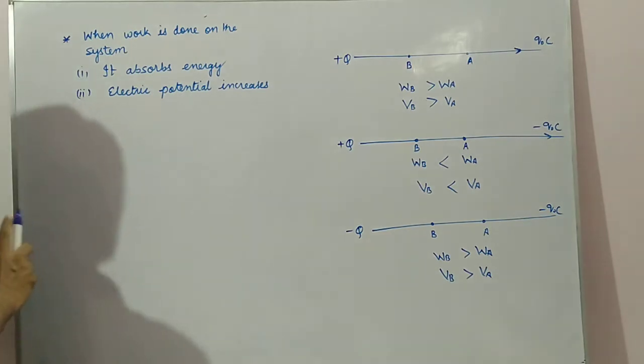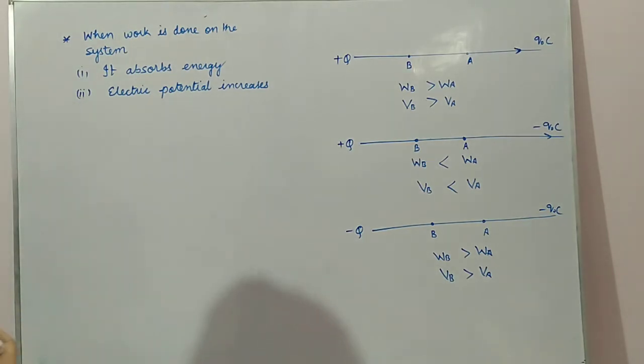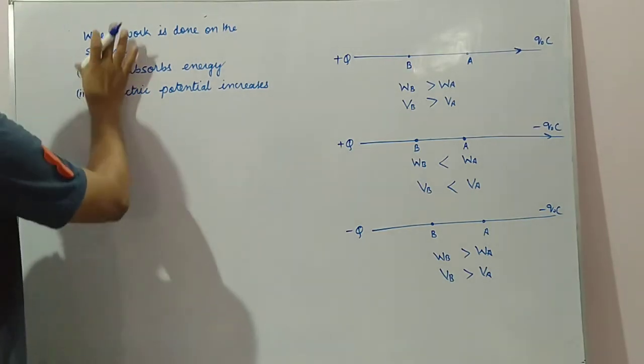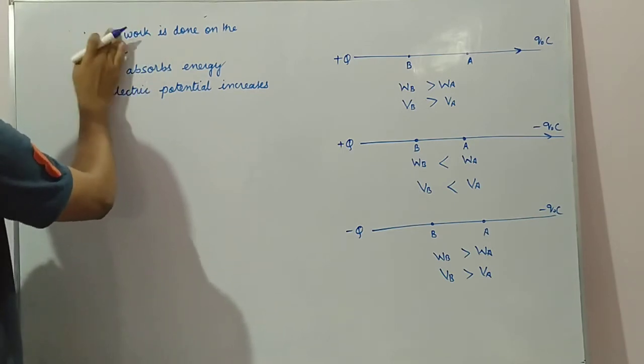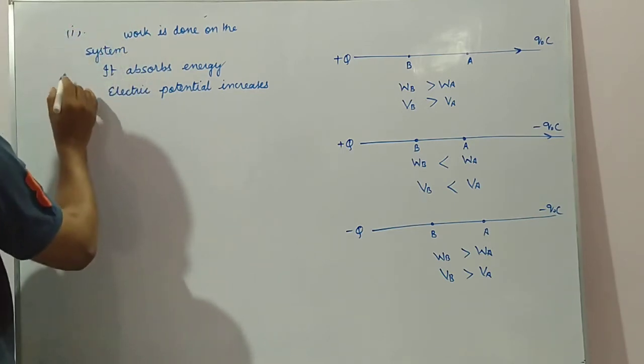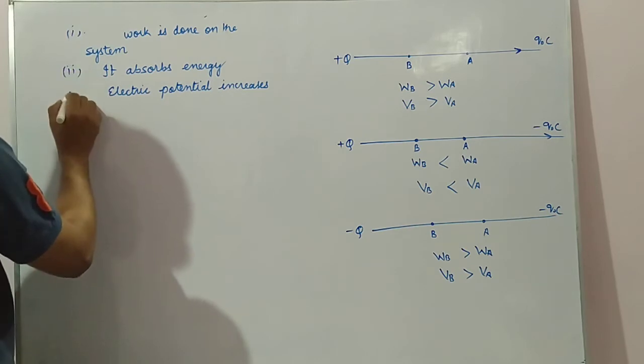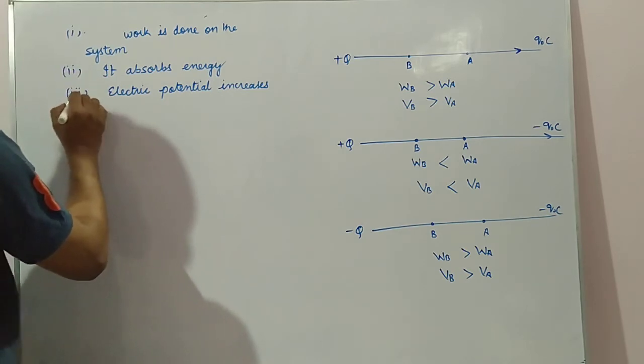So, the first point, work is done on the system. Number 2, it absorbs energy. Number 3, electric potential increases.